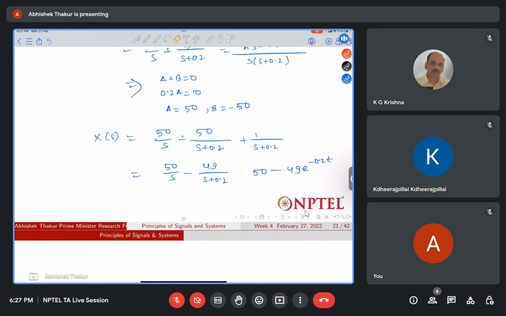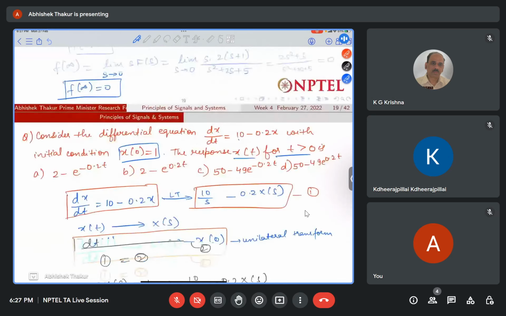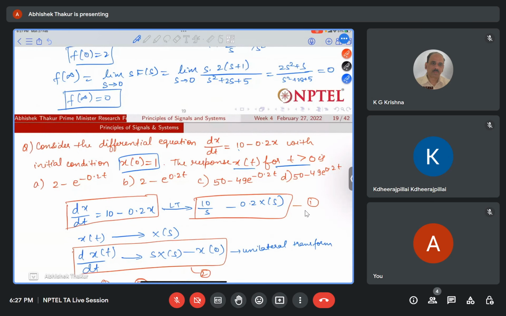Here we have to do the inverse Laplace transform. So the answer will be 50 minus 49 e to the power of minus 0.2t. So the correct answer is option C. We will take one more question, maybe the last question for today's lecture.